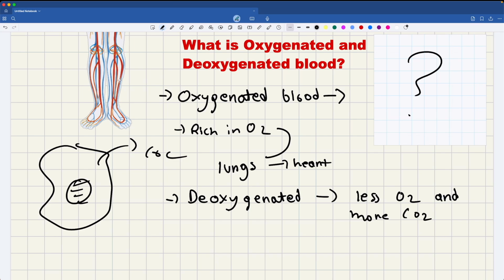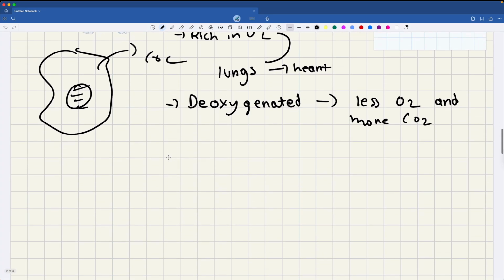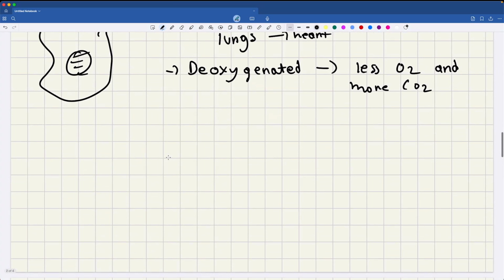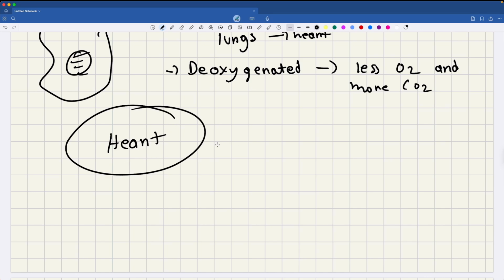An interesting fact that you would love to know: guess how many times our heart beats every single day? Our heart beats around 100,000 times a day.